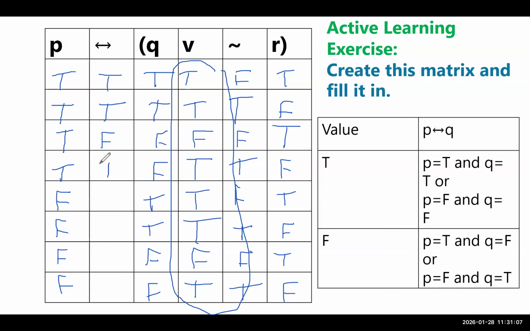True if and only if true is true. False if and only if true is false. Remember, they have to equal. False if and only if true is false. False if and only if false is true. And false if and only if true is false. So there's our answer for our major operator, our if and only if.